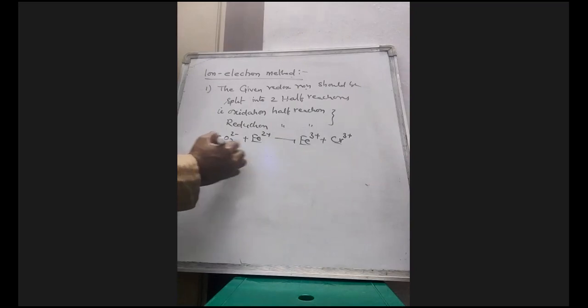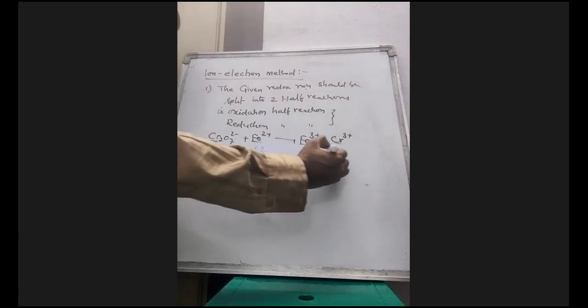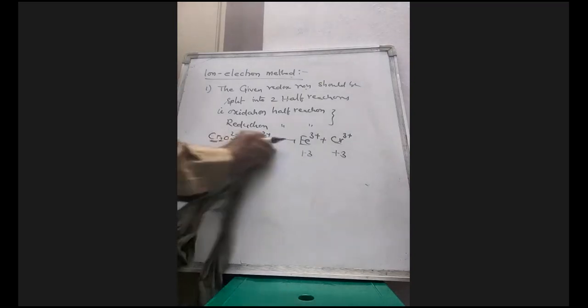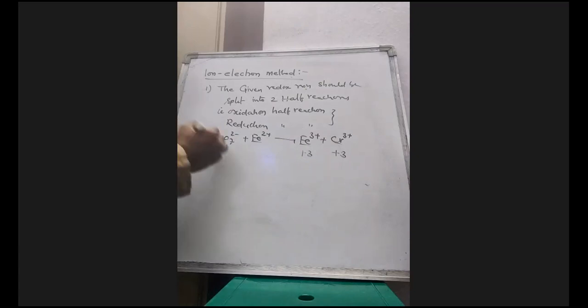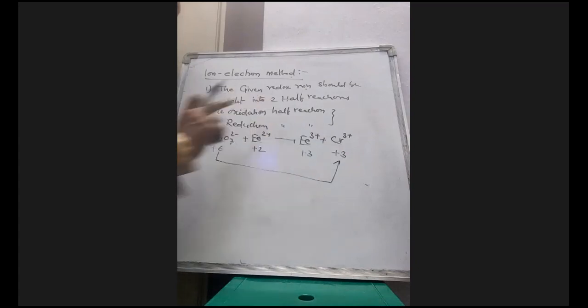Here it is +2, here it is +3, and here it is also +3. The oxidation state of chromium in dichromate is +6, and the oxidation state of iron is +2. Here, the oxidation state of chromium is decreasing from +6 to +3.